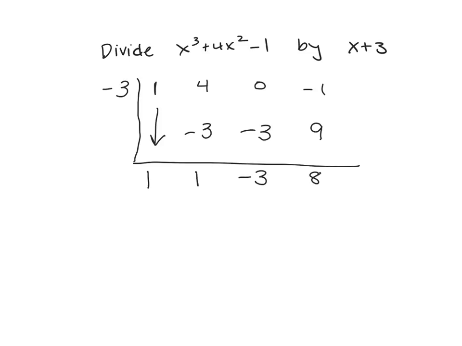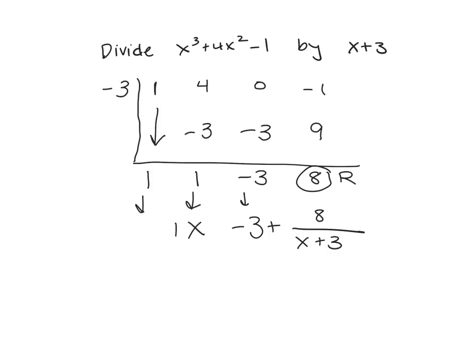So how do we write this as an answer? This is our remainder, so that's going to be 8 over x plus 3. Then we have our constant, right, which is negative 3. This is going to be our coefficient on x, and this is our coefficient on x squared. And so this is our final answer.